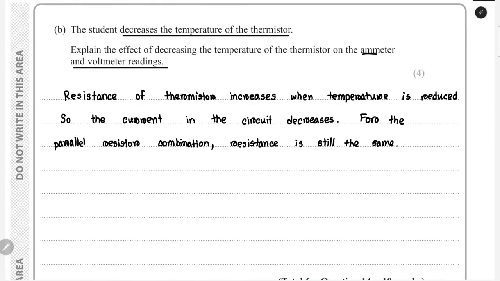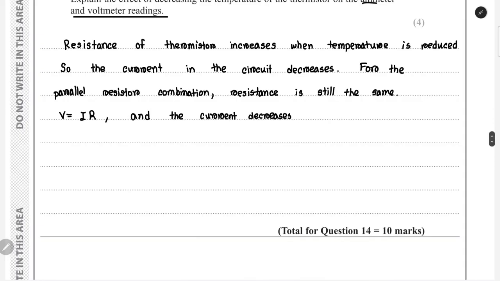So we state that the parallel resistor combination's resistance is still the same, it's not changing. However, the current is changing, and V equals IR. So we know that the current decreases. Since this happened, the voltmeter reading V must decrease.